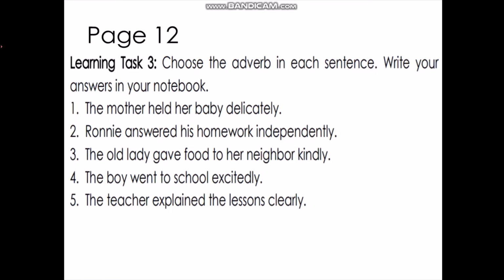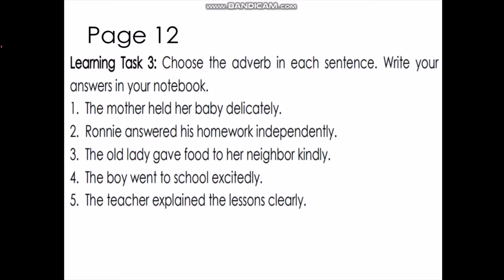Number 4, the boy went to school excitedly. And for number 5, the teacher explained the lessons clearly.